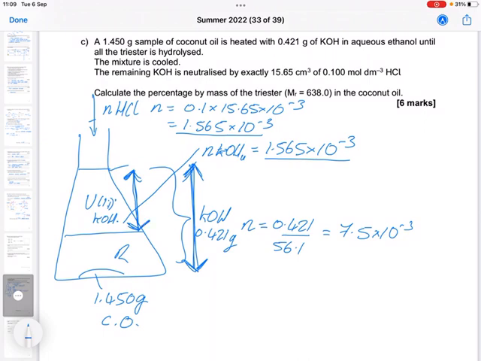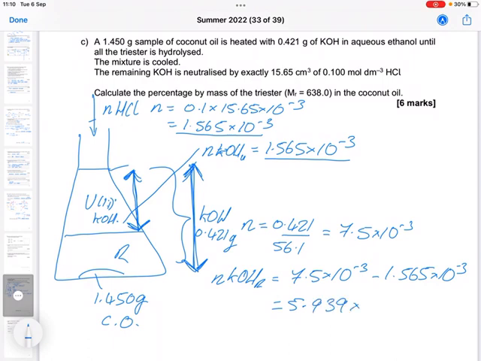So the number of moles of potassium hydroxide that reacted with the coconut oil will be 7.5 times 10 to the minus 3 minus 1.565 times 10 to the minus 3. Now that equals 5.939 times 10 to the minus 3.